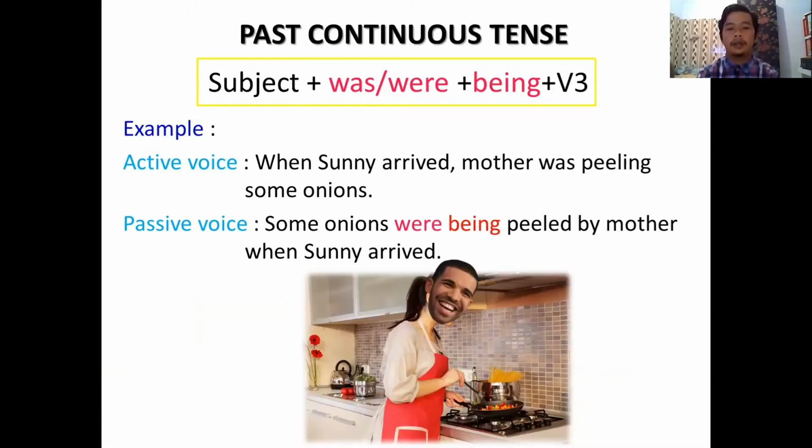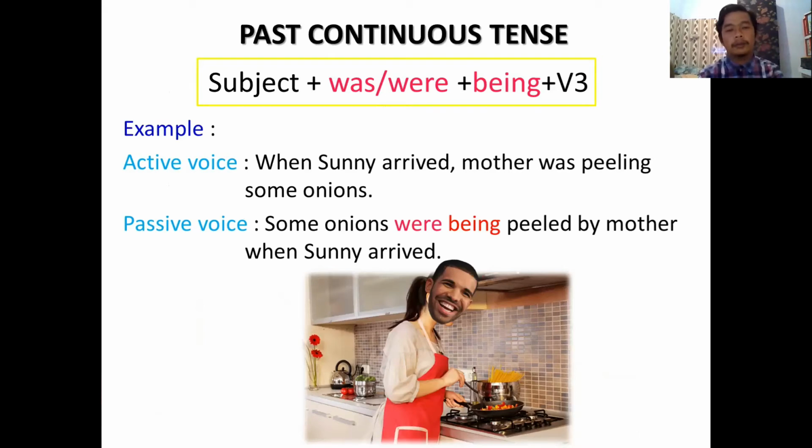The next is past continuous tense. Subject plus was or were plus being plus verb 3. Okay, you can read the example, I think, to know the characteristics of past continuous tense, from the active voice to passive voice.